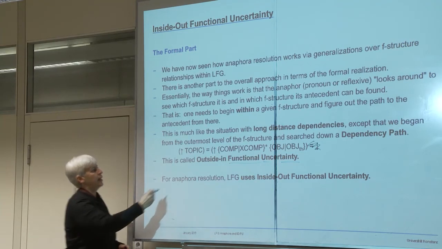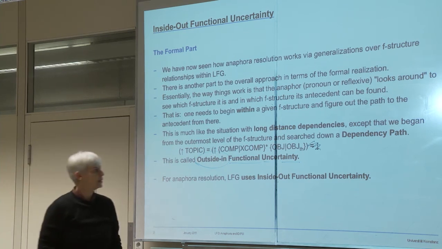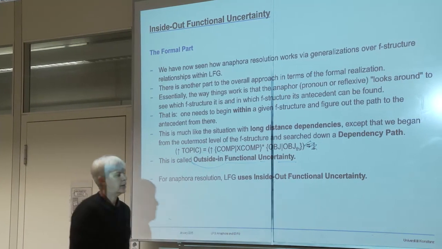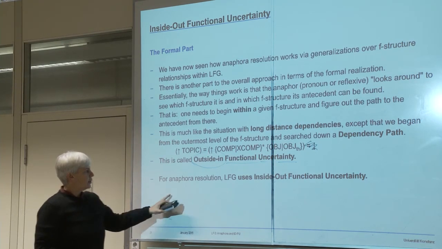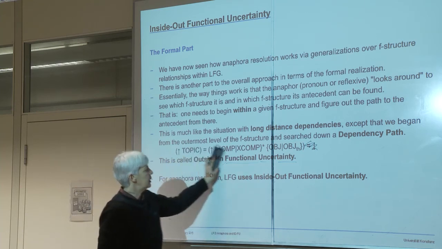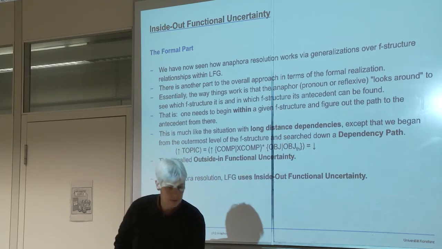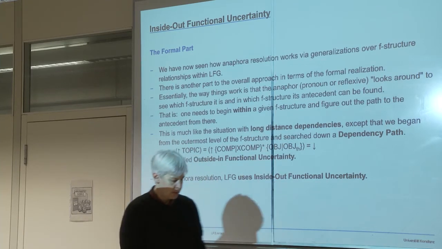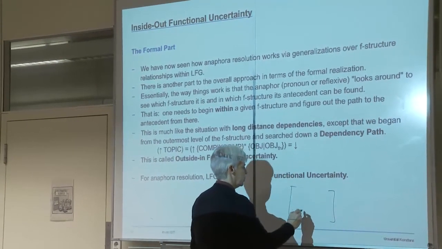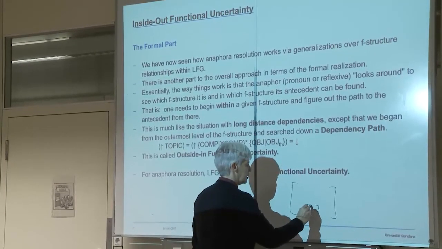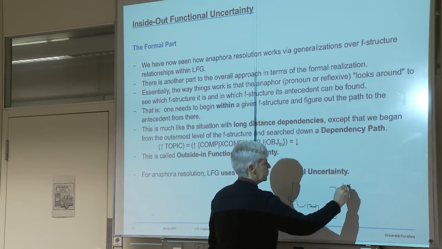In fact, it's called outside-in functional uncertainty, and I'll show you why in a minute. Well, we know why: we always started outside from the F-structure and looked in to find our path in. For anaphora resolution, in contrast, we use inside-out functional uncertainty. I'll show you what that means again. When we start out here with our pronoun and then go out, this is called inside-out.